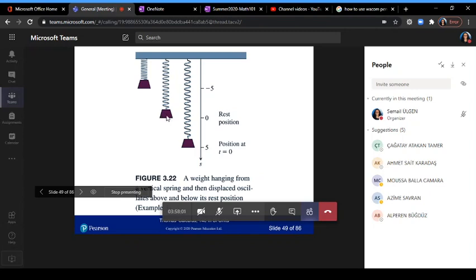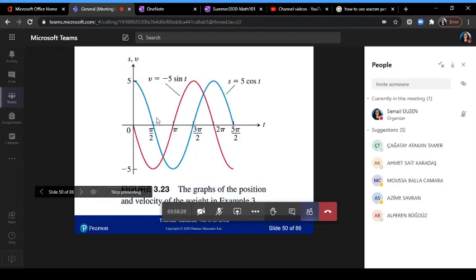This is the rest position, and then the weight is going to take it down, but since it's a spring, it's going to go up to -5 and come back to -5, in between, and then the weight is going to cause it to go down and up, and at the end it's going to rest at its position 0, okay? s is equal to 0.